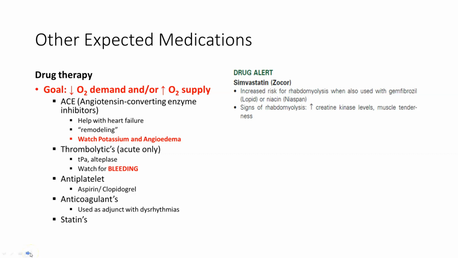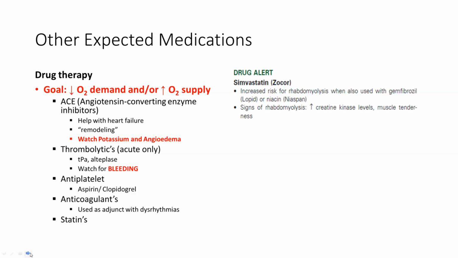ACE inhibitors, we've talked about the fact that they're going to be given to prevent ventricular remodeling. Again, they're going to have an effect on your blood pressure. And then we need to be watchful of hyperkalemia and angioedema. So I have now this swelling around my face and throat, and that would be an occluded airway.